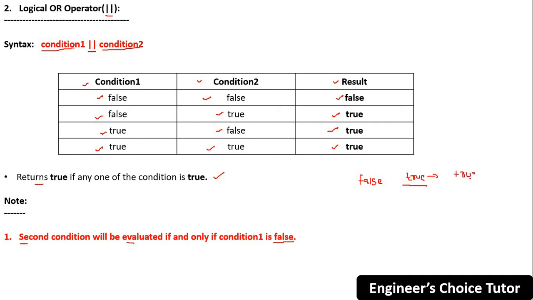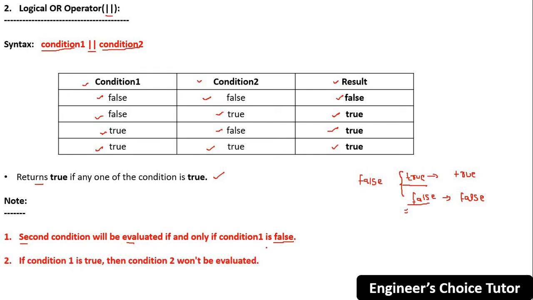And if in the second condition evaluation you get false, then false and false will give you what? False. So in this case, it depends upon the second condition evaluation. That is the reason second condition will be evaluated if and only if condition 1 is false. Now if condition 1 is true, then condition 2 won't be evaluated. It is not required. Fine.